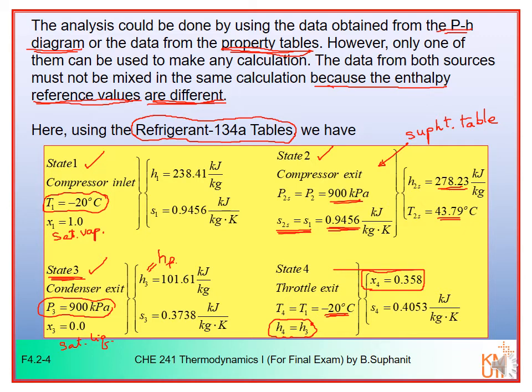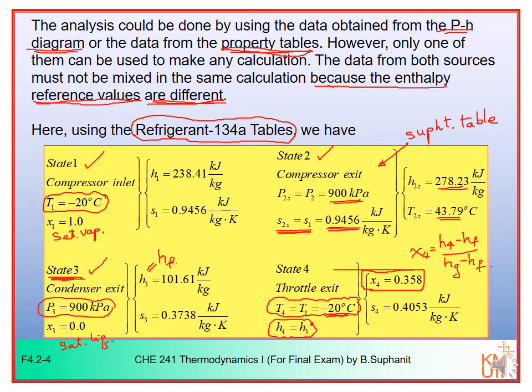Vapor fraction you can determine as X4 equal to H4 minus HF divided by HG minus HF. Okay, HG and HF are at minus 20 degrees Celsius. So you can see that at this point you have some vapor generated and the vapor fraction is 0.358.